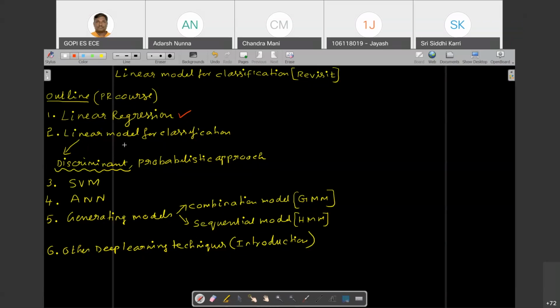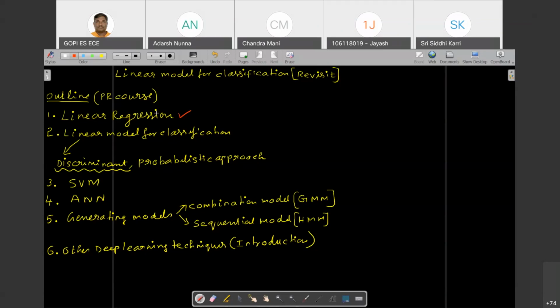The order we are going to cover in this course is like this: that is followed by the probabilistic approach, then we go for the support vector machine, then artificial neural network and the backpropagation algorithm. Then we concentrate on generative models, combination models, for example the Gaussian mixture model, and then the sequential model, hidden Markov model, followed by deep learning techniques. This is the flow we are going to follow.